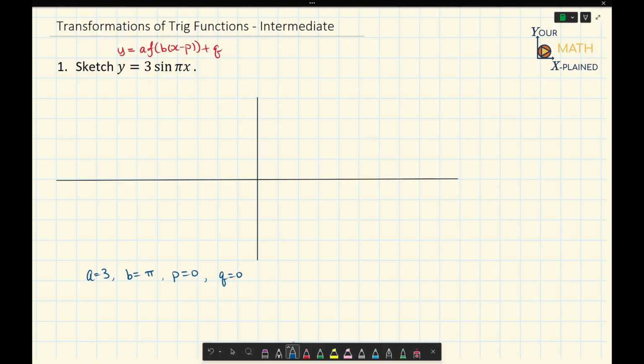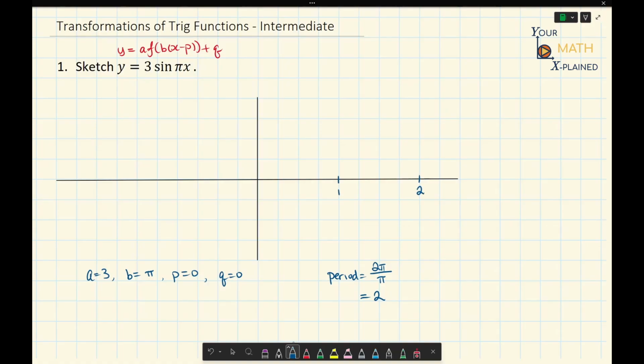And then using the b value of pi, we can go ahead and find the period of this function. So our period is equal to 2 pi divided by our b value, which is pi, which means the period of this function is equal to 2. So on our graph, let's say that this is 1 over here, and this is 2.